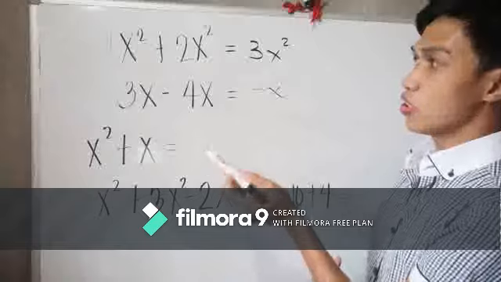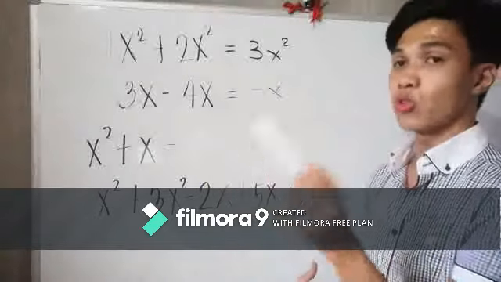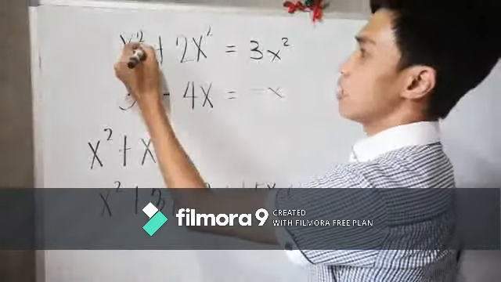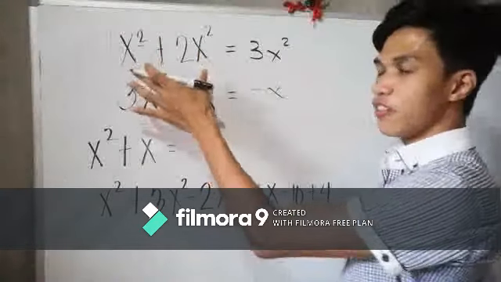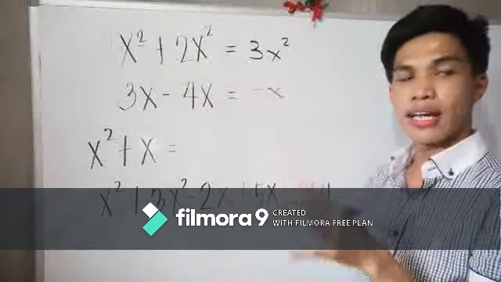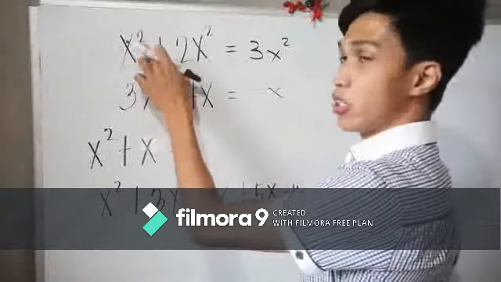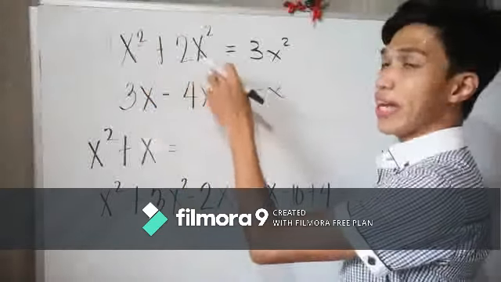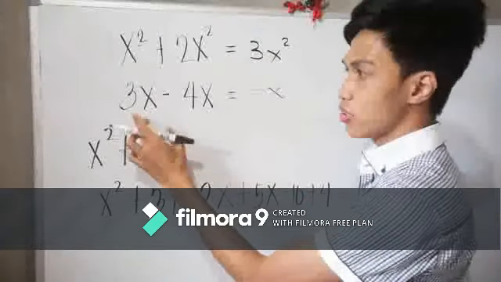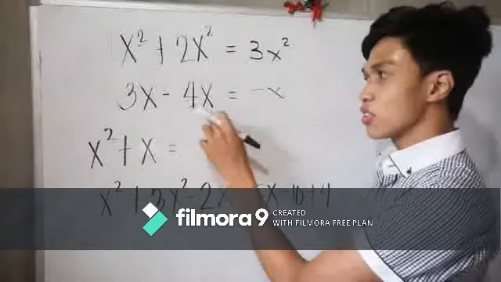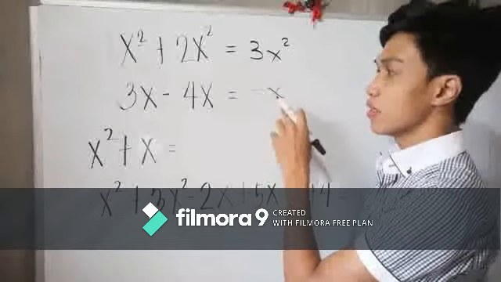In order to add them, we just need to look at the exponent. We have here 2. We can add the two expressions if they have the same exponent. So x squared plus 2x squared would be 3x squared. And also 3x minus 4x is equal to negative x.